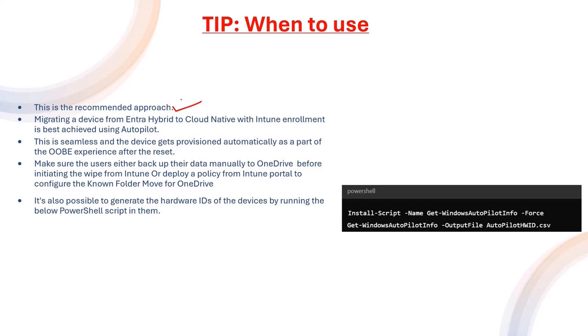What do I mean by this? I mean using an Autopilot profile and going cloud native, and in that Autopilot profile selecting the option which says convert all your existing hybrid Azure AD joined devices to Autopilot, so that you don't have to go to each device, extract the hardware hash and register the device with the Autopilot service.